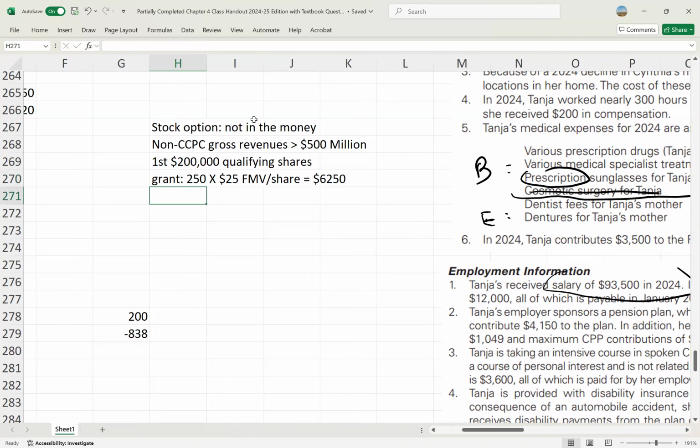So that would be the fair market value if she was to have exercised the option on the grant date. Because this is less than the 200,000 annual amount that's given, the 6,250 is less than the 200,000 annual limit.